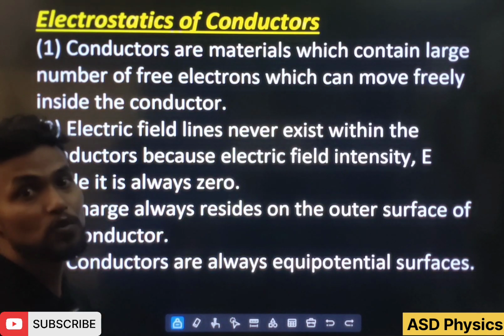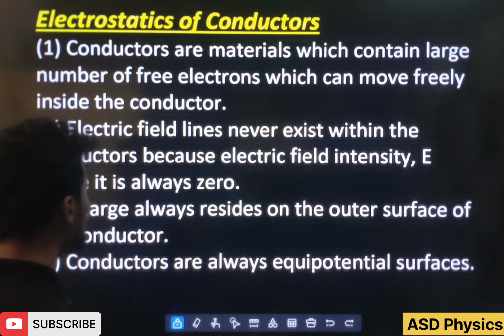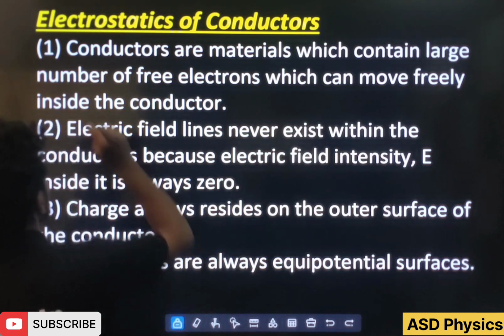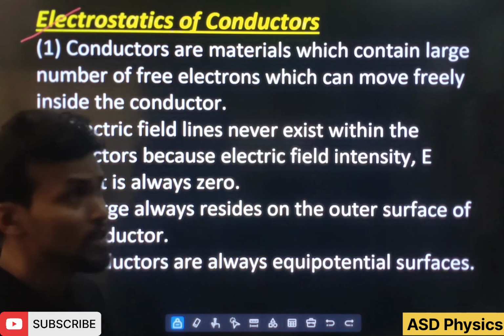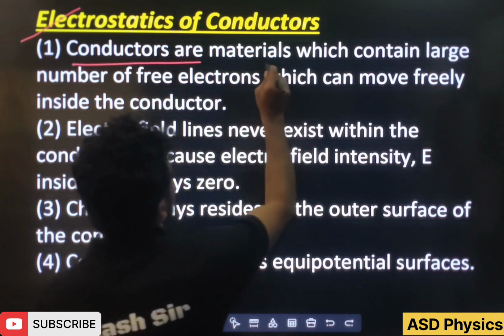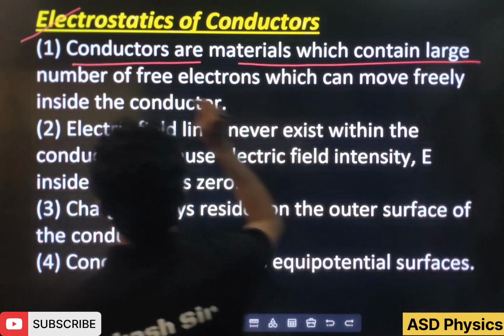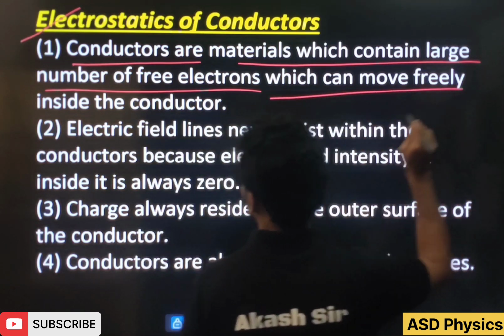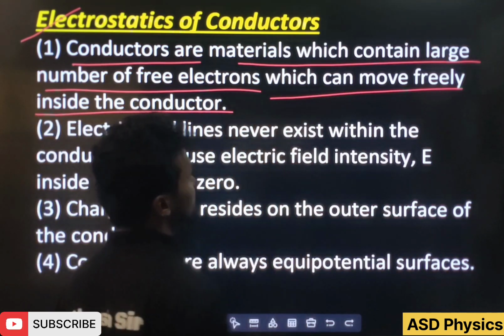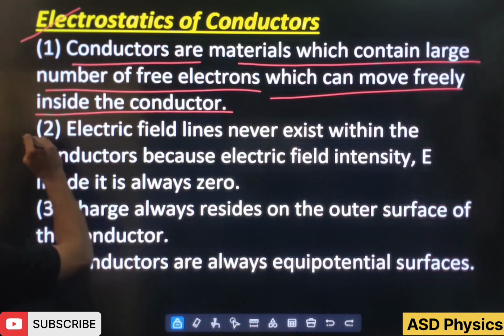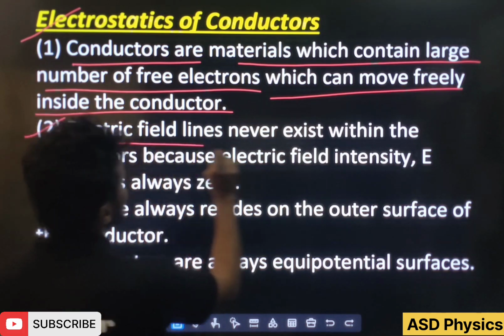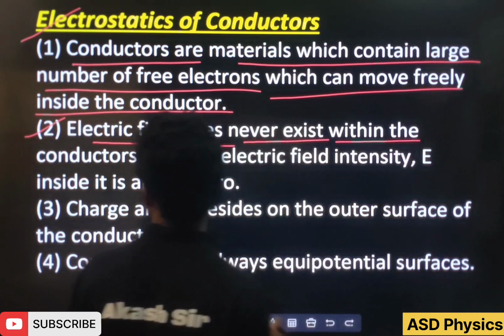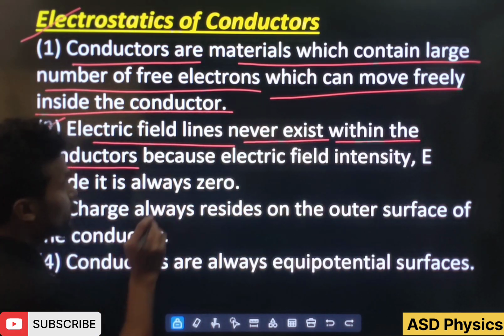Now we have come to the electrostatics of conductors. See, conductors are materials which contain a large number of free electrons which can move freely inside the conductor. Second, electric field lines never exist within the conductors. Why?